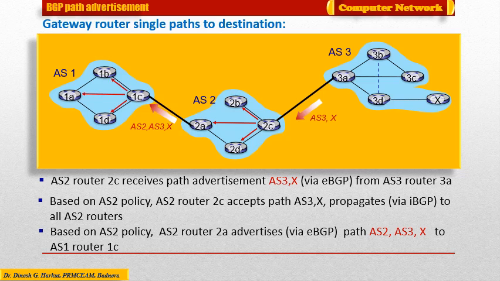The router 1C then propagates the same among all the internal routers over iBGP. On receipt of this path to prefix X, the 1C router will propagate this information to all the internal routers using the intra-AS routing policy or iBGP session.